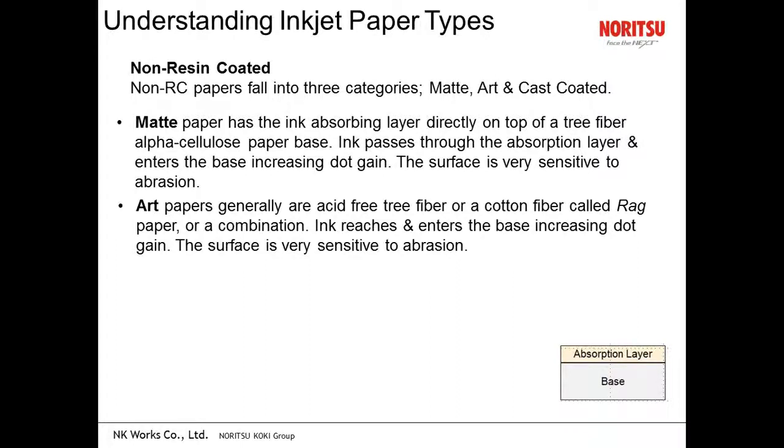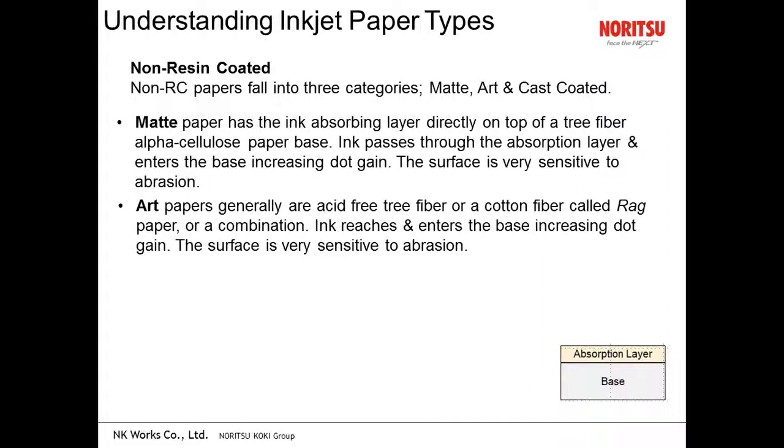Art papers are generally acid-free in the making of the paper fiber itself. Originally, cotton was used to create an acid-free product. We don't want acid in the paper itself because acid reacts with the paper fiber over time and causes the paper to go yellow.